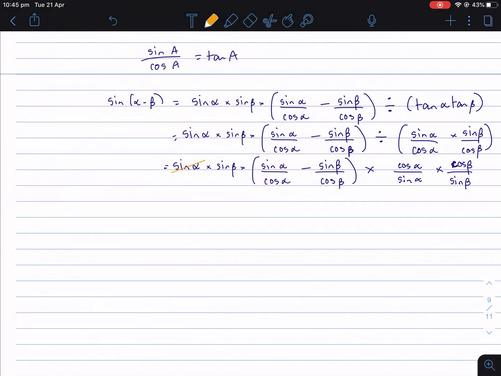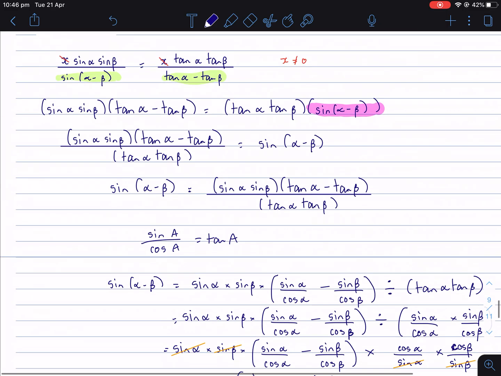This sine alpha and this sine alpha, this sine beta and this sine beta. So I get sine alpha minus beta equals cos alpha cos beta times this thing, sine alpha on cos alpha minus sine beta on cos beta. Is that what it's looking like?